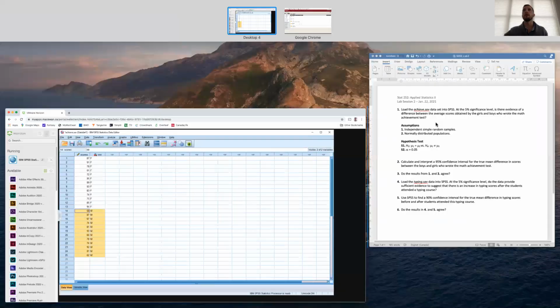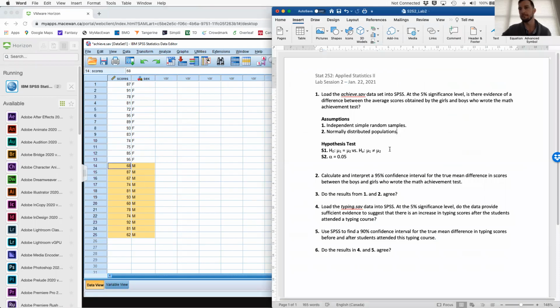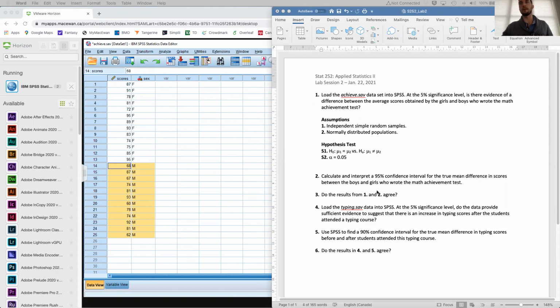All right, so to perform this test, we'll start by checking the assumptions. The first assumption is that we have independent simple random samples. The description of the data, which isn't given here, but we do have in the lab manual, states that this is in fact a random sample of 25 high school students.